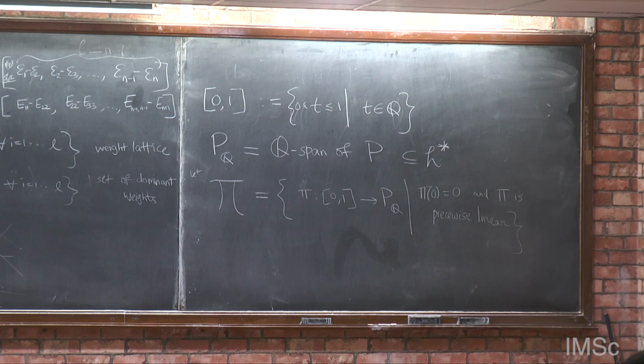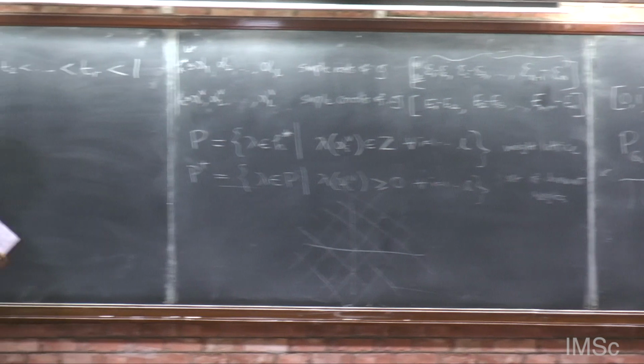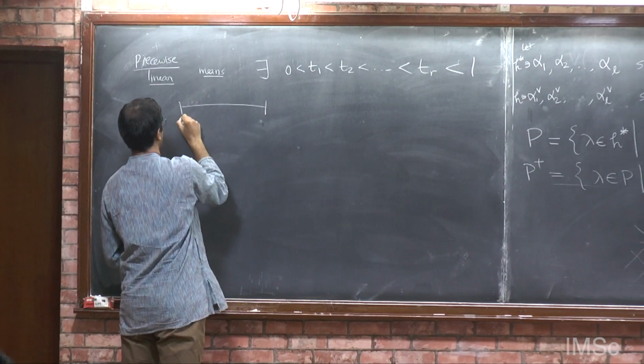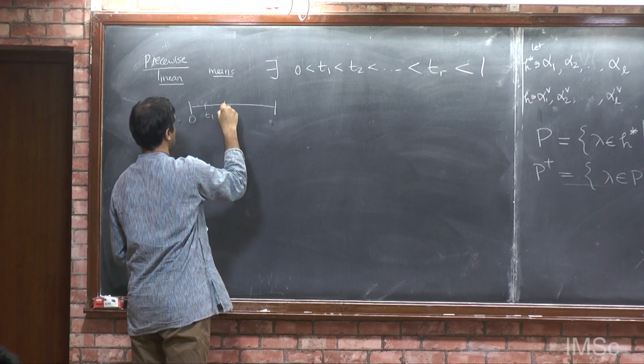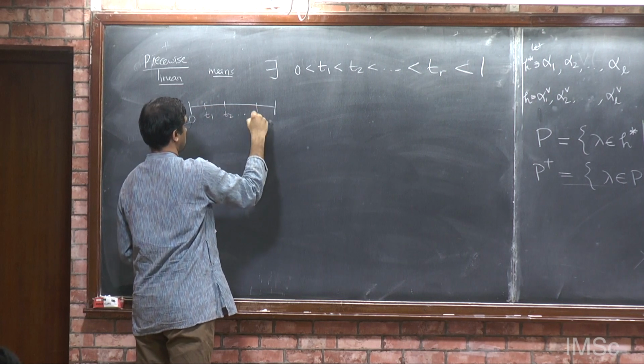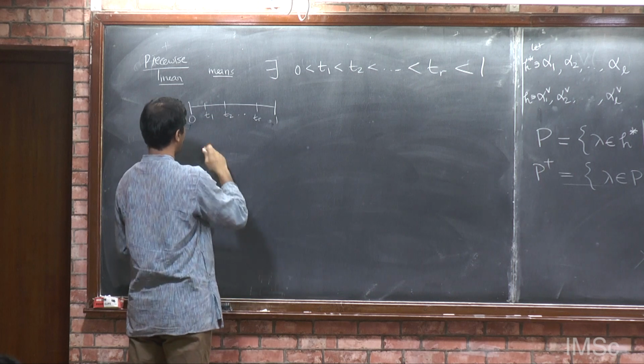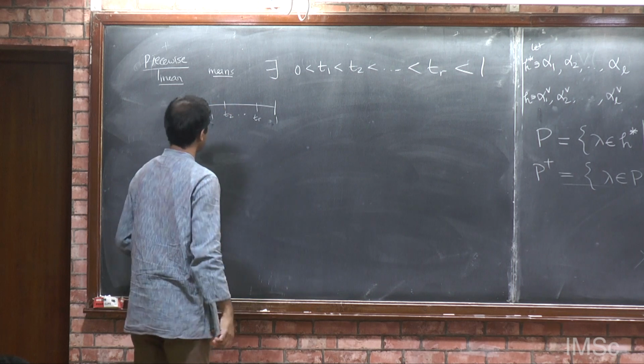There exist rational numbers, let's call them T1, T2, through TR, in between 0 and 1. So they divide the interval 0,1 into segments in some sense.